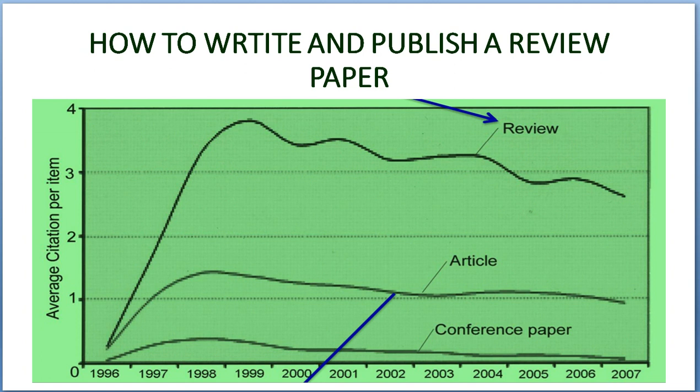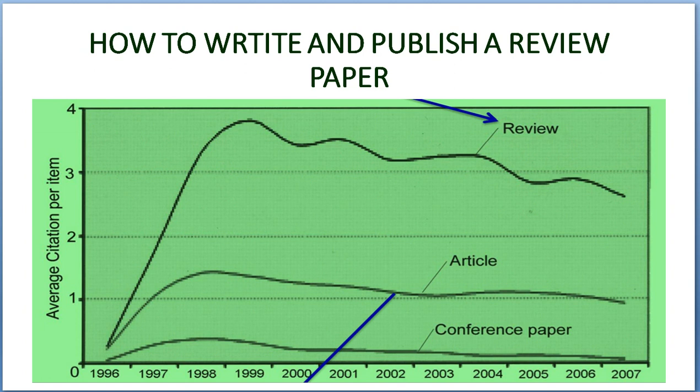A research article is your original work, whereas in a review article we are gathering the research data done by other researchers all around the world on a specific topic and writing it in our own language in one paper. That is called a review paper.